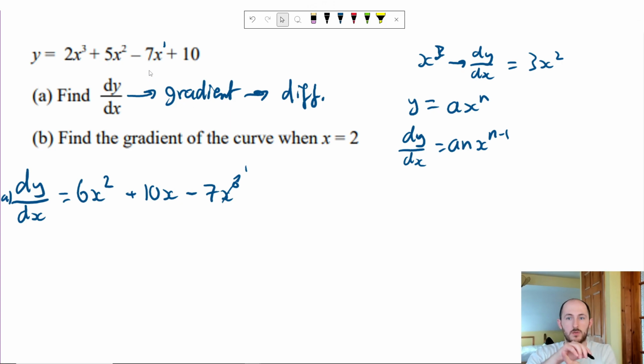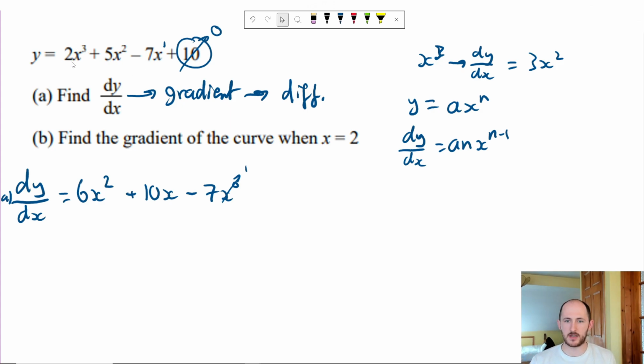If I drew a line which is y is equal to minus 7x, it would be a constant gradient going downwards. What about y equals 10? That's a flat line, there's no gradient. Constants will always go to 0 when you differentiate them because they don't change, they have no gradient.